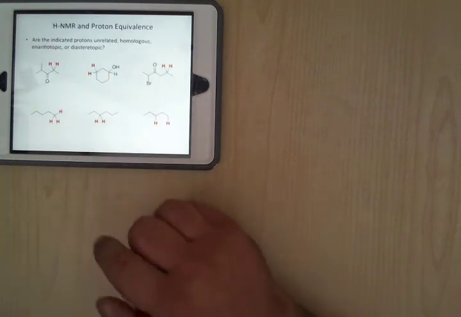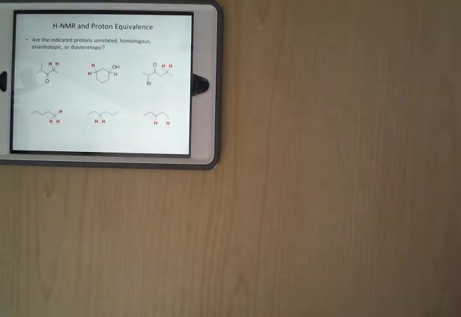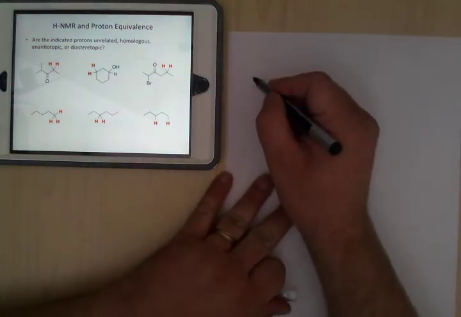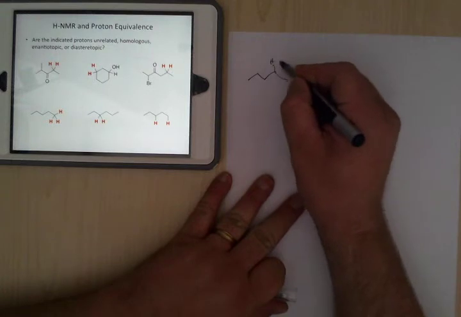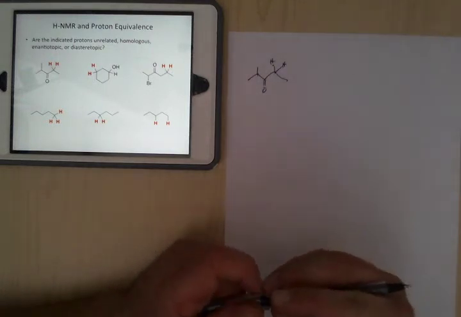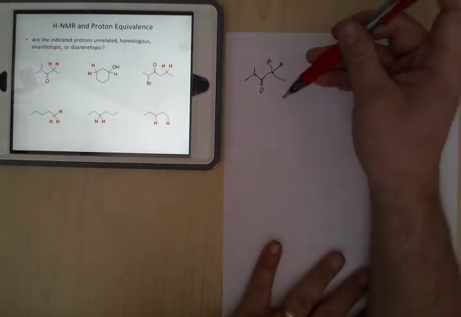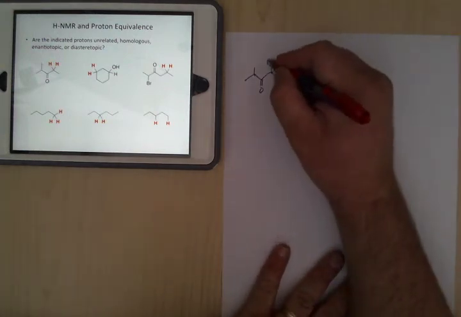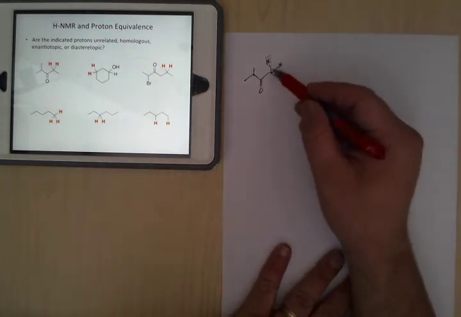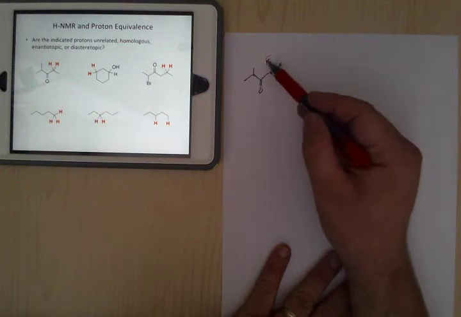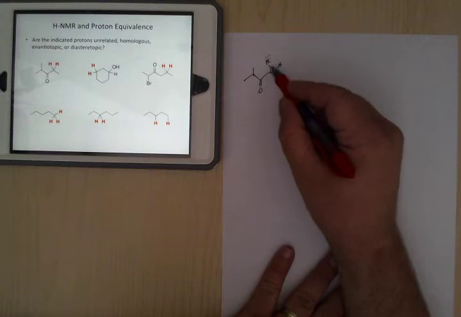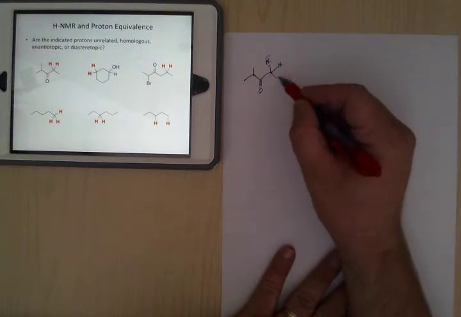Okay, so how are we gonna do this? Here we go. So these two hydrogens here. Let's say we put a fluorine in one of these positions. Well, now we've created a chiral center, because of F, H, CH3, and C double bond O. There are now 4 different things at this chiral center.